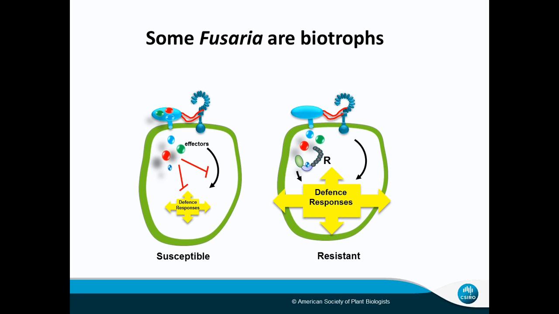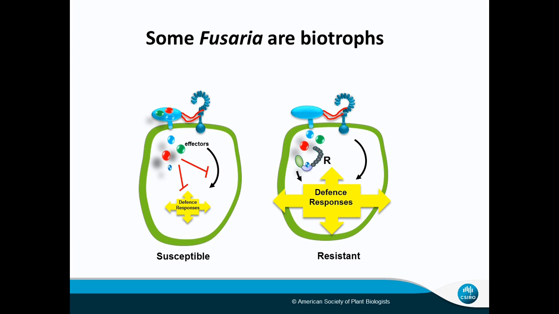One of the important things associated with these pathogens is that they have different lifestyles. We normally classify fungal pathogens mainly into three groups. Some Fusarium species fall into the biotrophic group, especially Fusarium oxysporum that infects tomato.